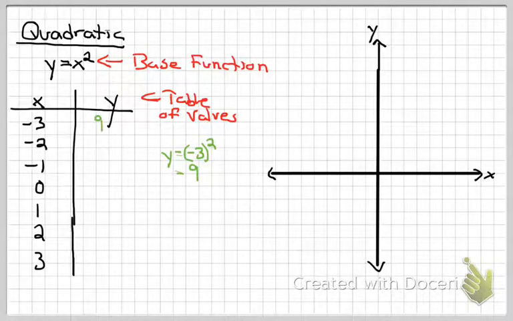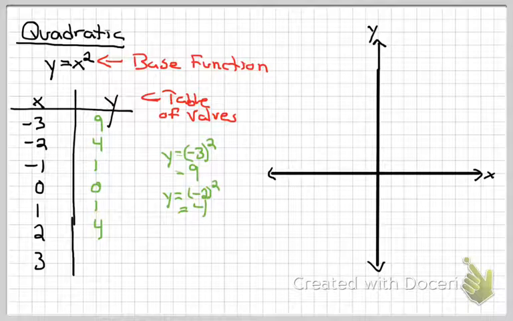So I put 9. Similarly, when x is -2, y is 4. We can continue doing that throughout. When x is -1, y is 1; 0, 0; 1, 1; 2, 4; and 3, 9. This shows a property of a quadratic: on either side of your vertex, the quadratic will be the same.